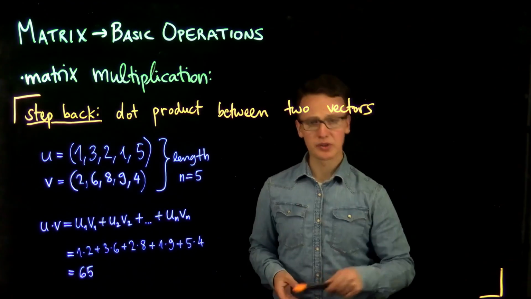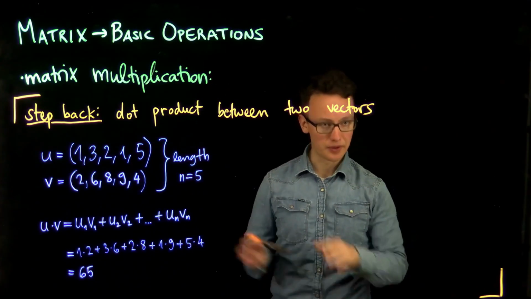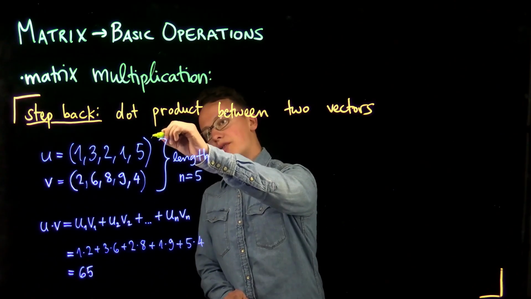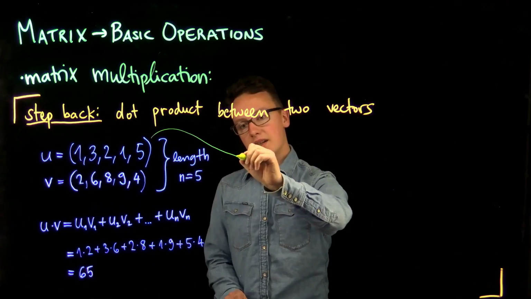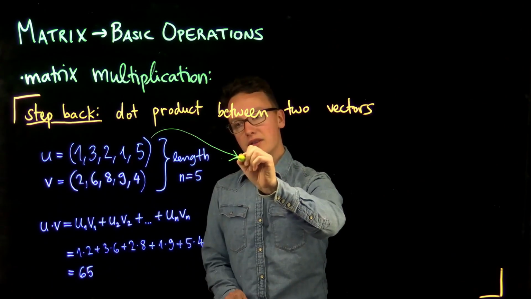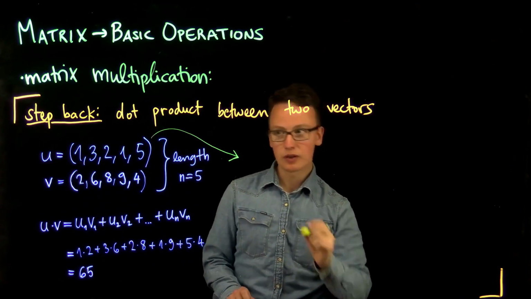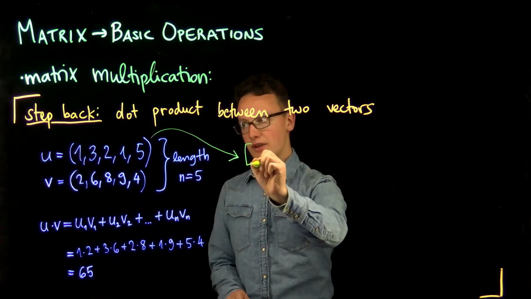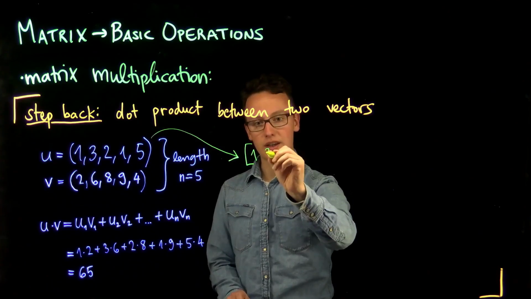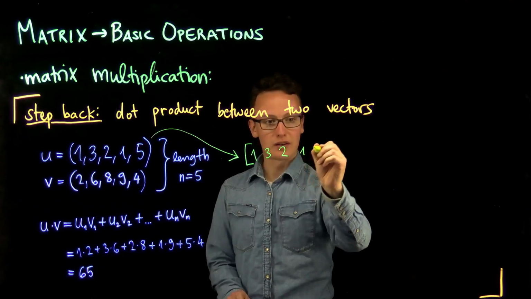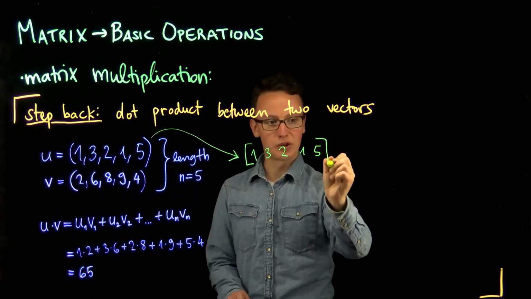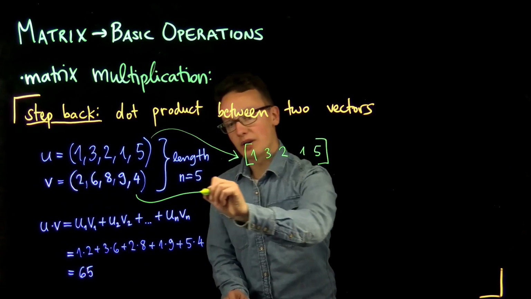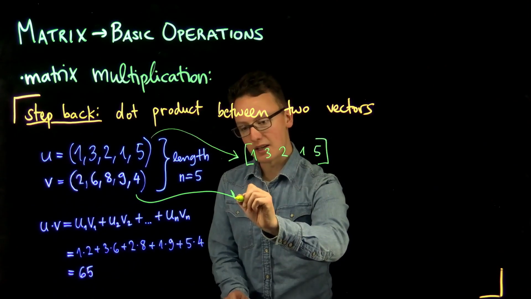Okay, but back to our goal of understanding how this all relates to matrix multiplication. Let's take our two vectors, u and v, but let's convert them to matrices, okay? And so we're going to convert u into the following matrix, namely into the matrix 1, 3, 2, 1, 5, expressed in a single row. And we're going to take v, but we're going to transform it into a matrix in a slightly different way.